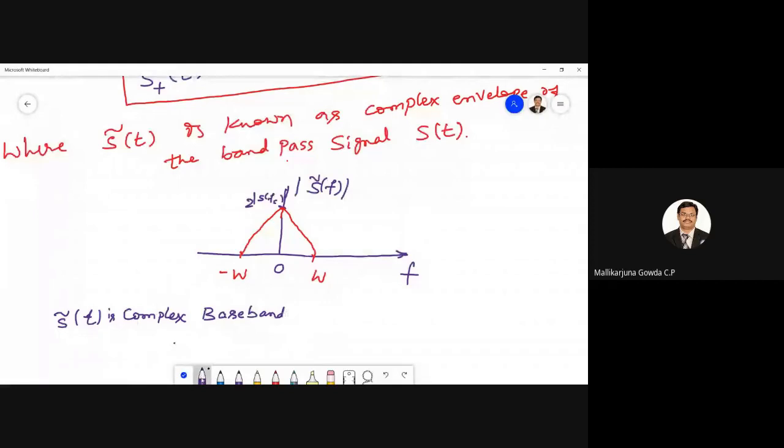We can write in brackets the low pass equivalent of the bandpass signal S of t. I just say BP signal, okay? BP signal means bandpass signal S of t.